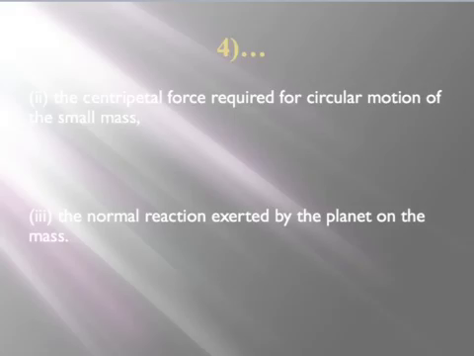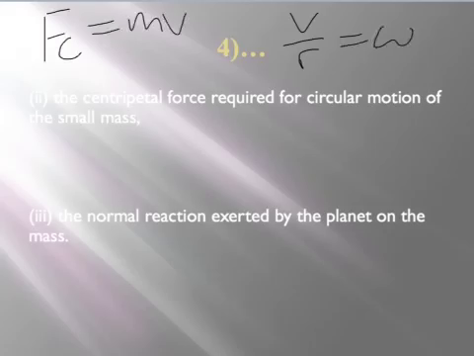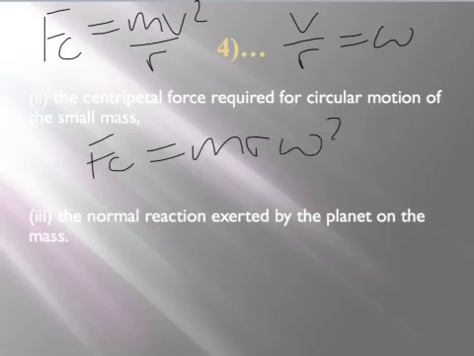If you have forgotten that stuff, you need to remember what's useful. I think V over R is omega, and since Fc is mv squared over R, we can write Fc as mr omega squared. That's the force in this case.